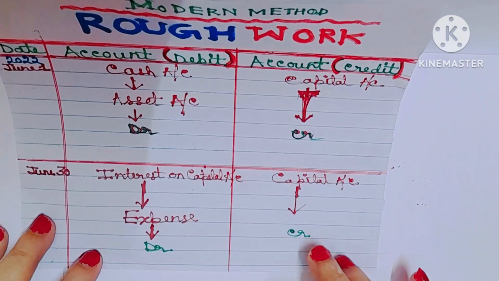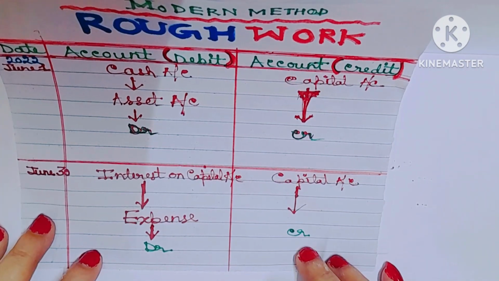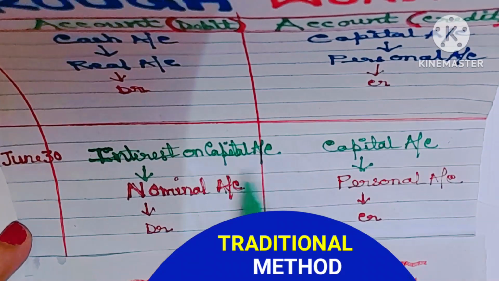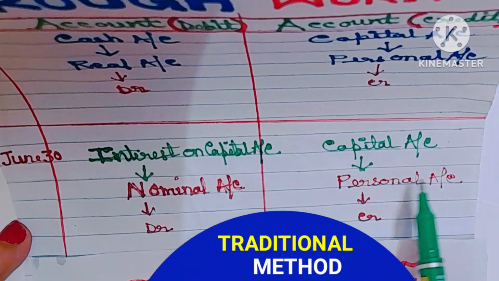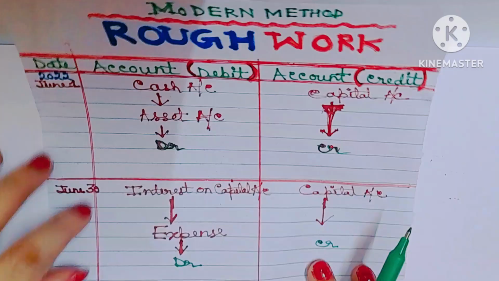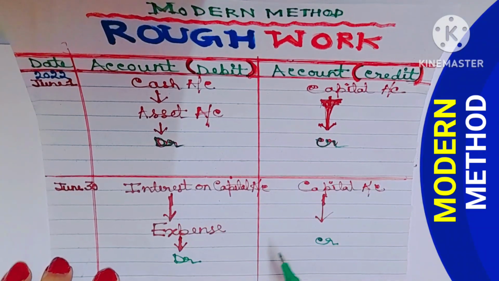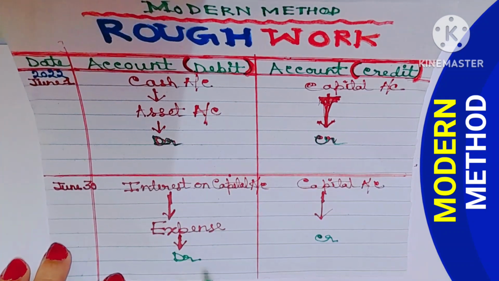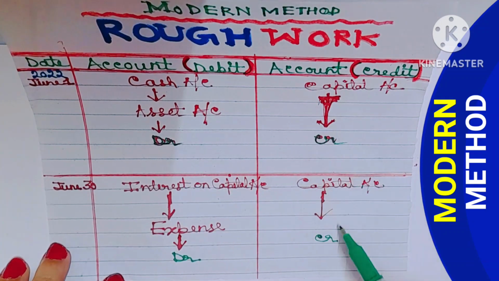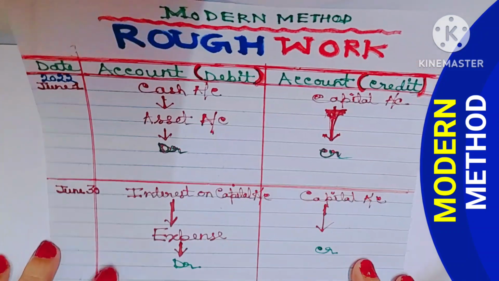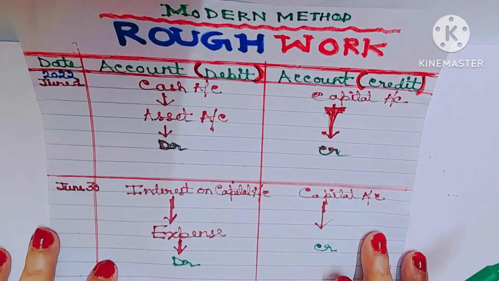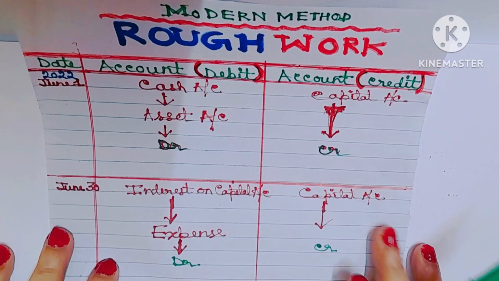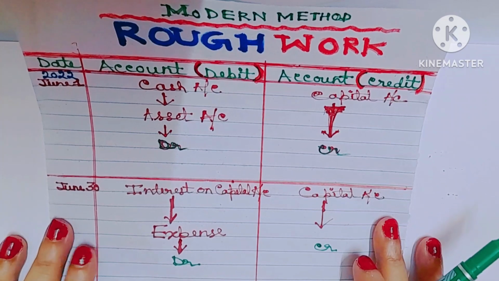Understood? Now, let me show you the rough work by traditional method. See, interest on capital account debit, capital account credit by applying the traditional method. Now, by applying the modern method, interest on capital account debit and capital account credit. So, whether you apply the modern method or the traditional method, the answer will be same.